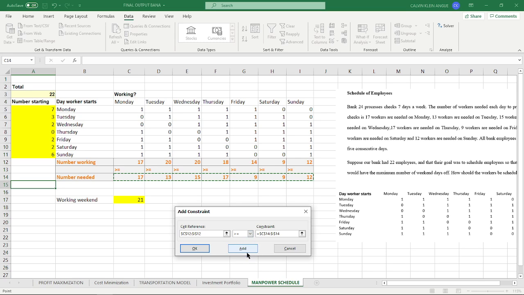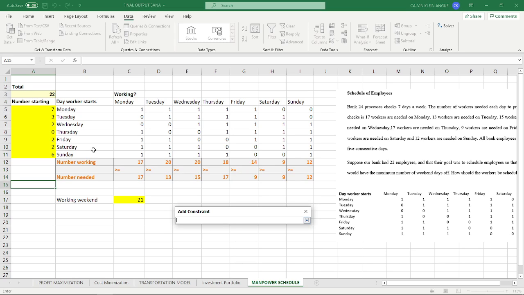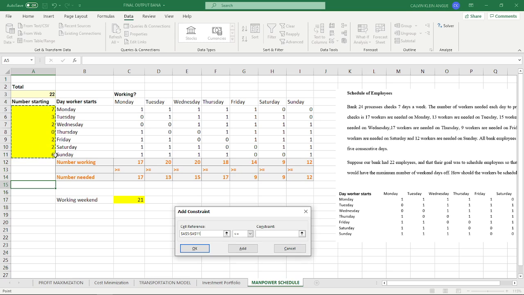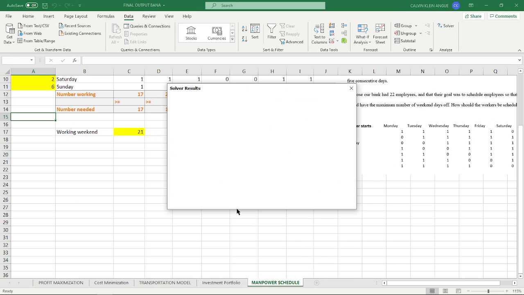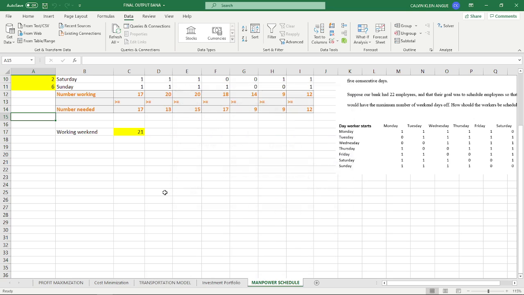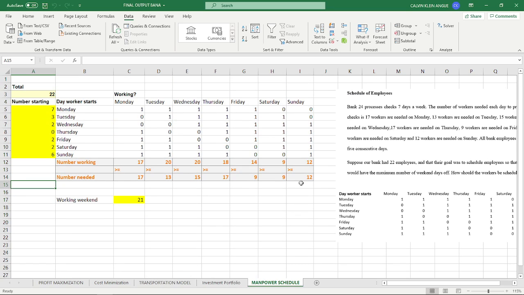Then click add. Then for our non-negativity, click integer, then okay, then solve. There's no error, so that's how we solve the manpower schedule of the employees.